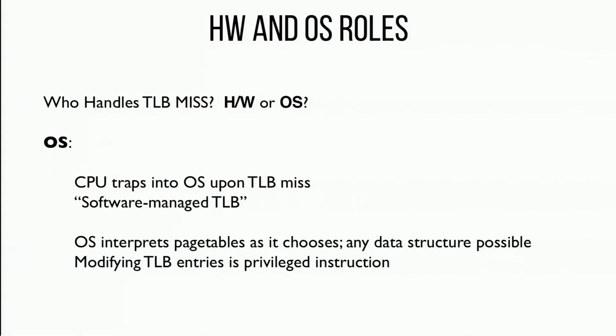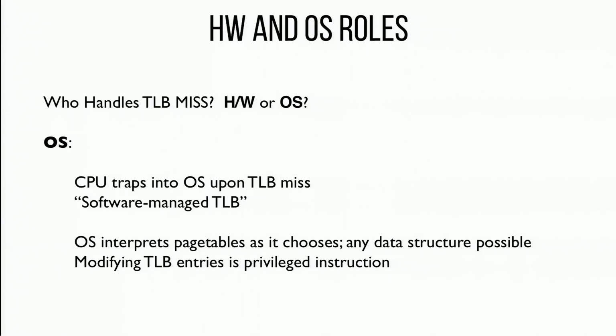So the other approach is to have the operating system handle the TLB miss. The advantage of this is that we now can have any type of page table structures that we want. There's no agreement that has to occur between hardware and the operating system, and so we call this a software-managed TLB. And this gives us a lot of flexibility.